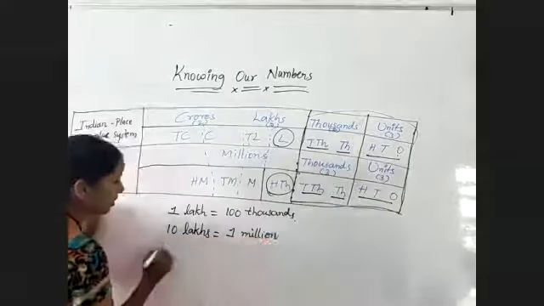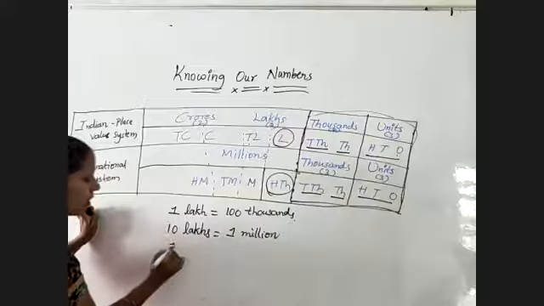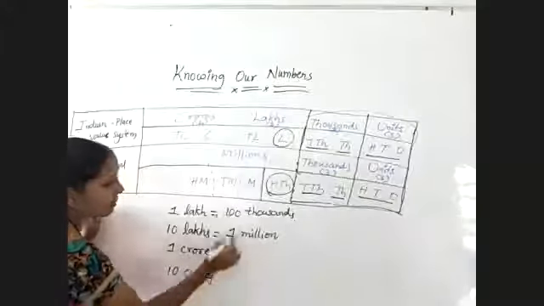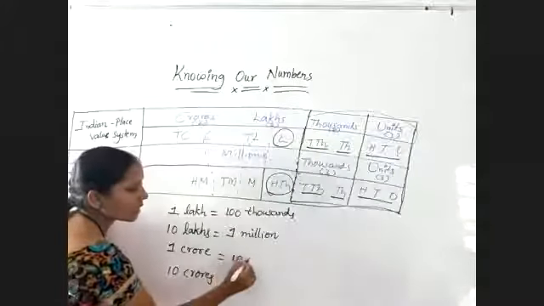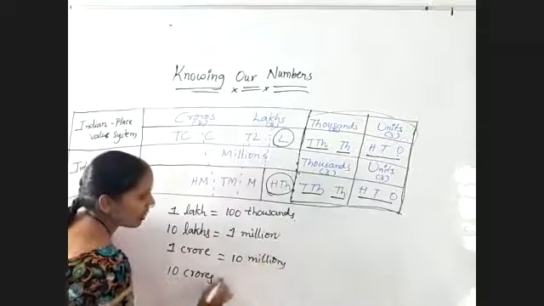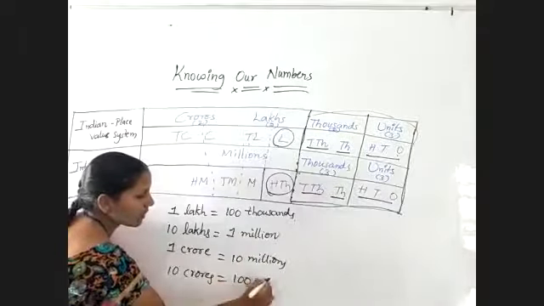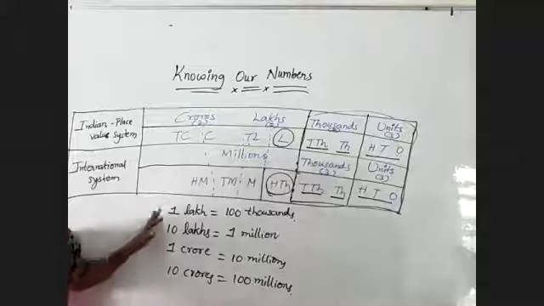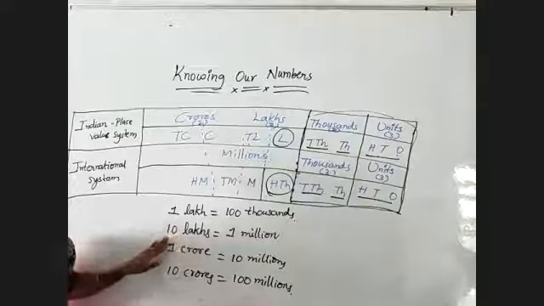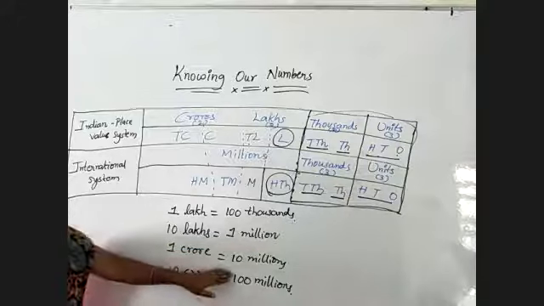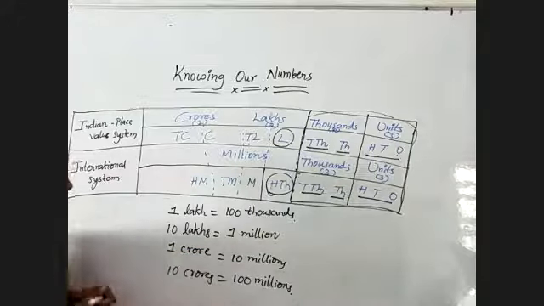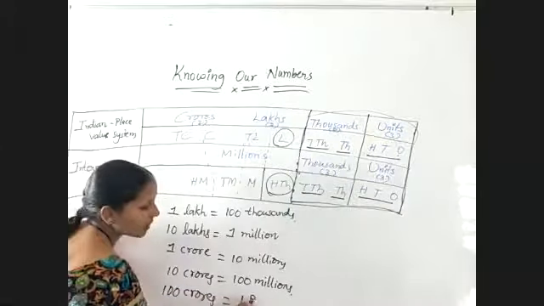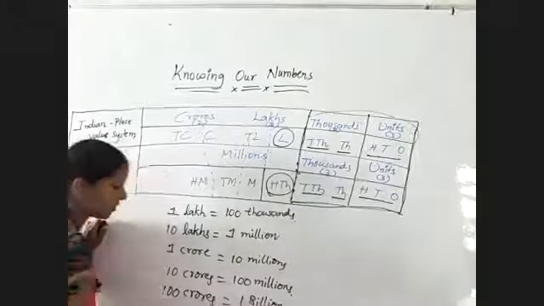After 10 lakhs we get 1 crore and 10 crores in the Indian system, which correspond to 10 million and 100 million. It is very important to remember these relations; you are going to get bit questions on this. So 1 lakh is equal to 100,000, 10 lakhs is equal to 1 million, 1 crore is equal to 10 million, 10 crores is equal to 100 million, and 100 crores is equal to 1 billion. 1 billion is equal to 100 crores, which is also important.